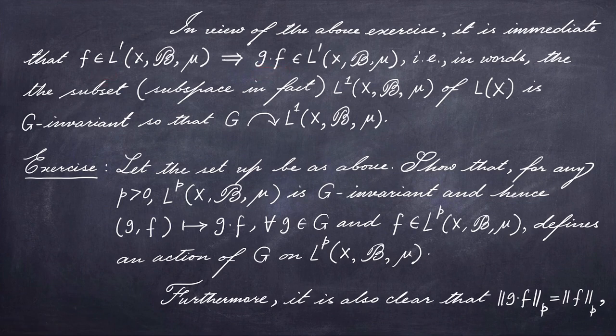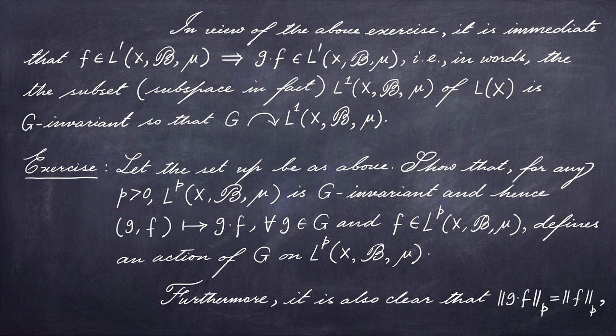In other words, we see that this subset of Lx, where Lx is the space of all functions, L1 is a subset of that. In fact, it will be a subspace. So this is invariant under the action of G. Hence G has a natural action on the L1 space of X, of this measure space. The following exercise shows that this holds not only for L1, it holds for any LP.